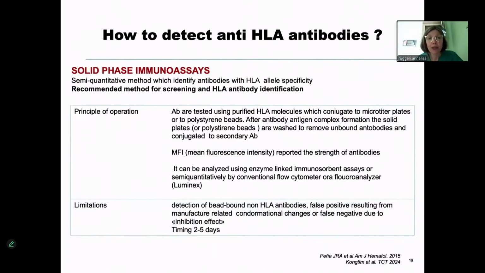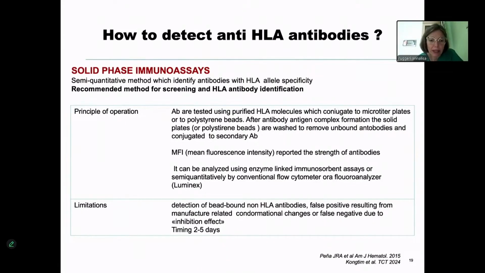And the solid phase immunoassay is the currently recommended method for screening and anti-HLA antibody verification. It is based on a semi-quantitative method which identifies the antibodies with HLA allele specificity, and it could be used for the test before the donor selection.